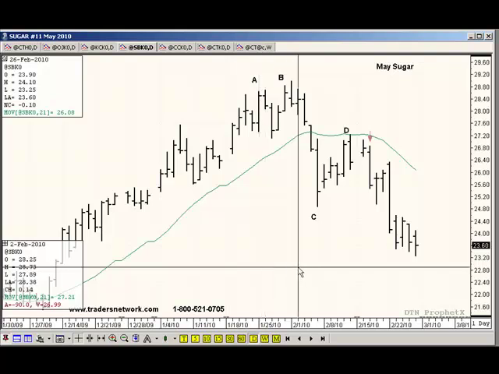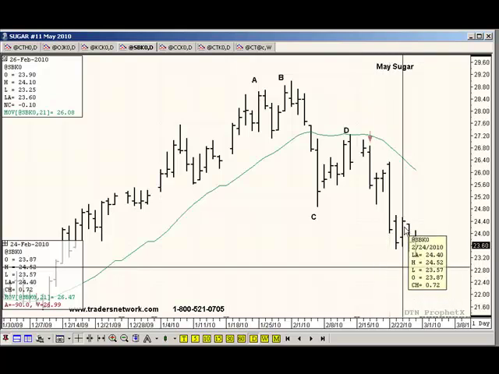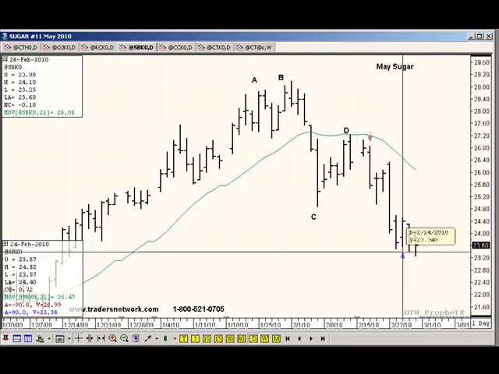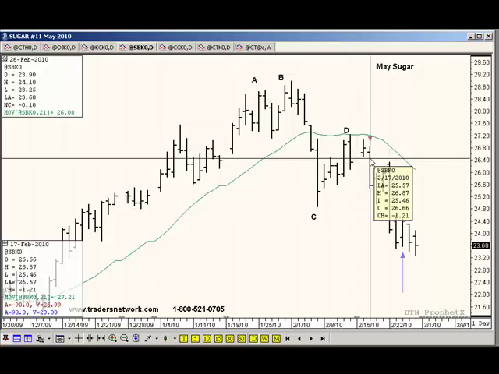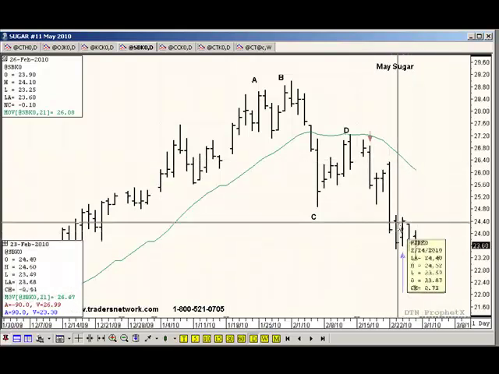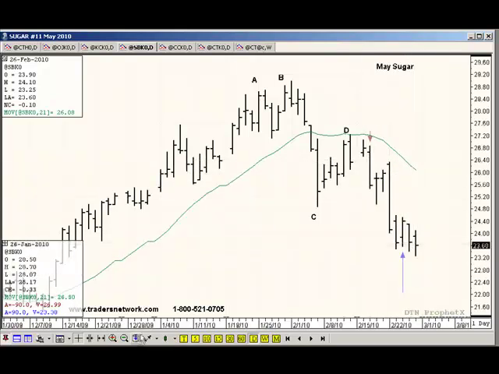Once I have 9, I make my forward projections: 1, 2, 3, 4, 5, 6, 7, 8, 9. So right there is my projected reversal date. Typically I'll mark that ahead of time.